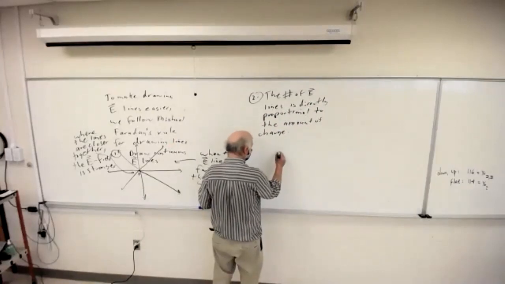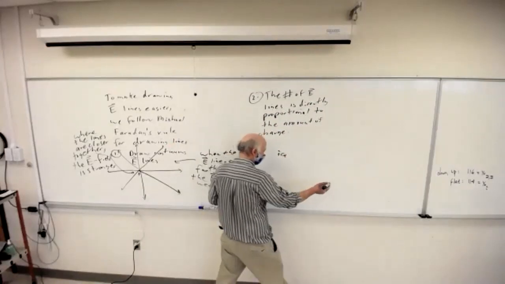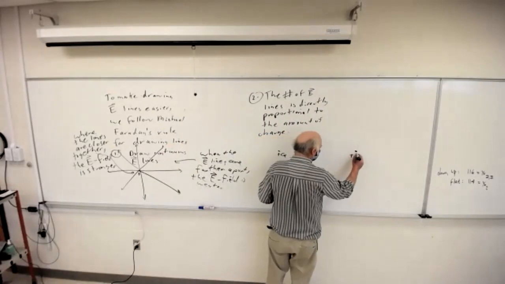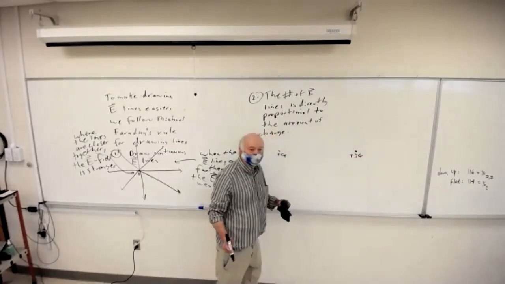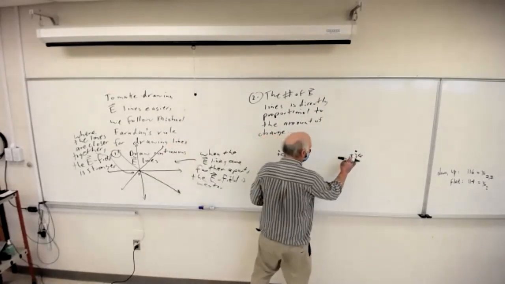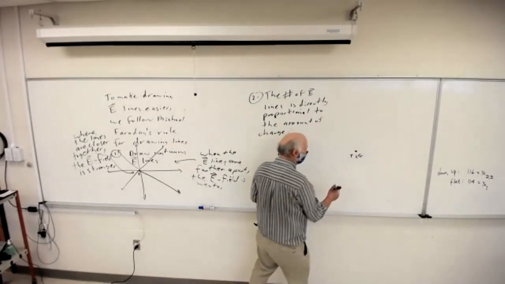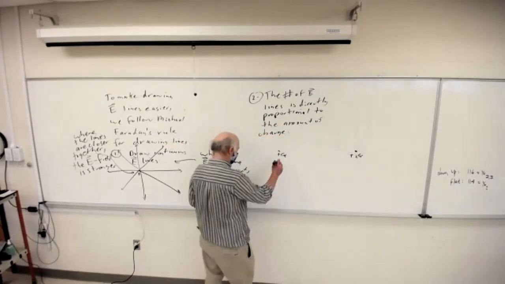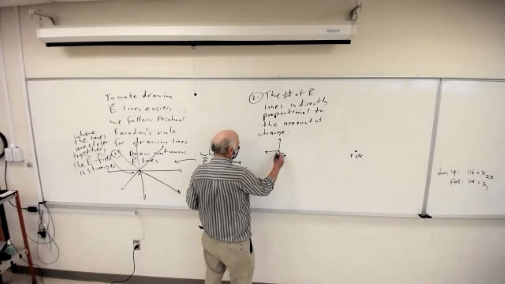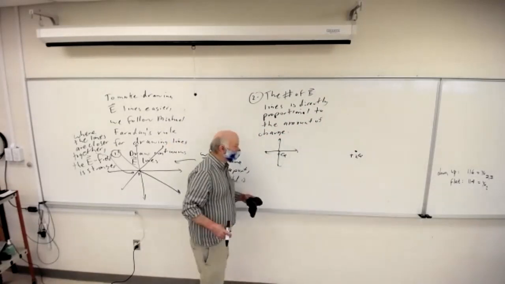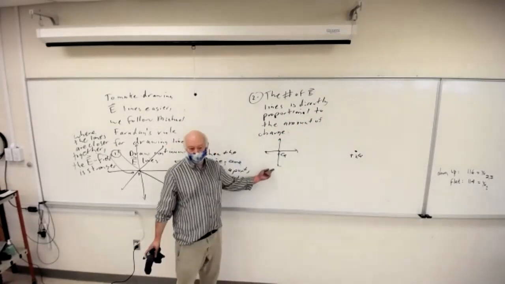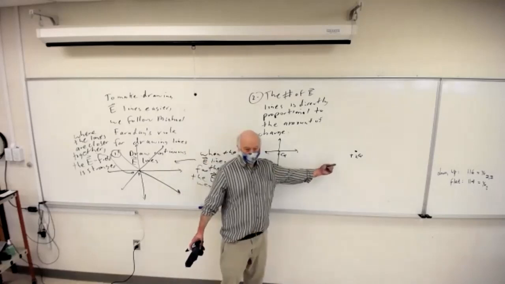So let's say I had a Q here. This is plus Q. Let's say this is plus 2Q. So let's say I'm over here and I draw 4 lines like this. So I just happen to draw 4 lines over here for this one. How many E lines should I draw over here?